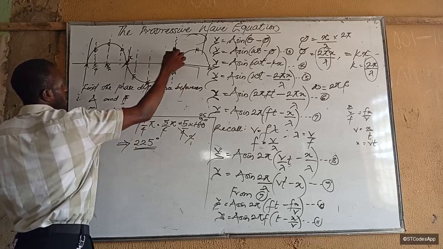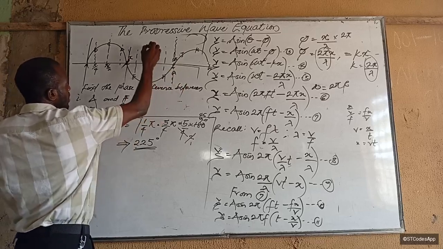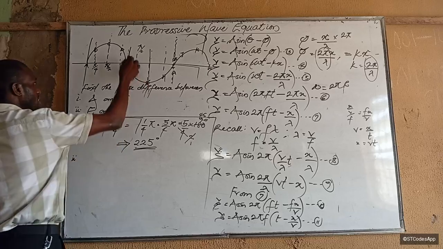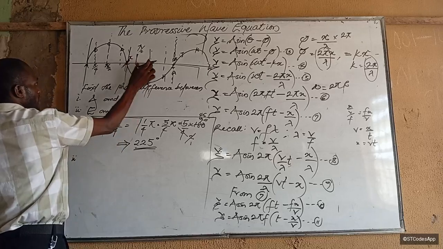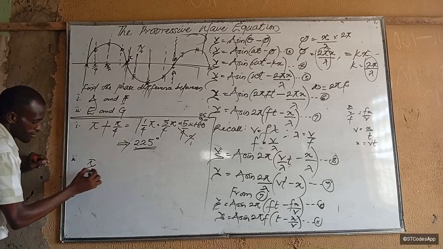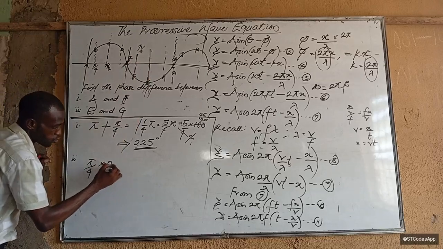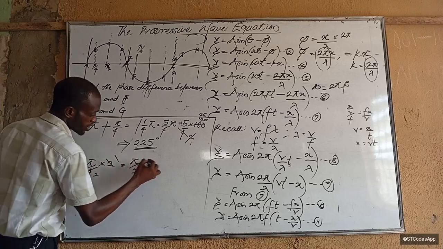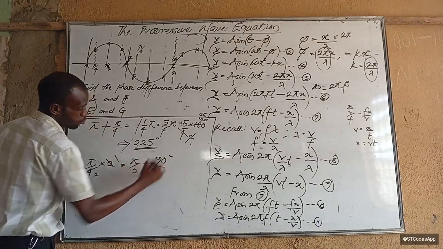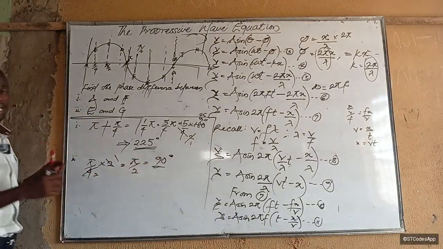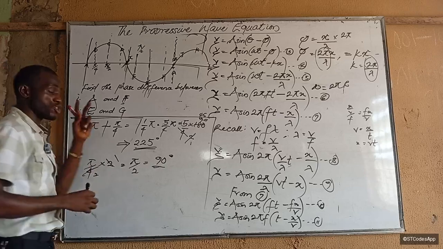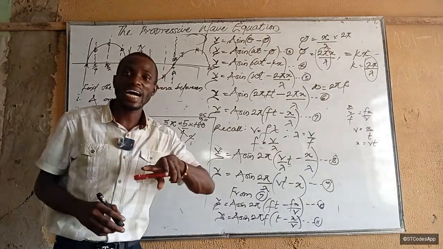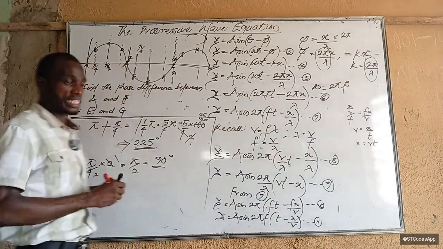If from here to here is pi, half of it is pi over 2. Or just say from here to here is always pi over 4. So you have 2 pi over 4s. Pi over 4 occurs 2 times. Make sense? Here 1, here 2. That is pi over 2, which is 180 over 2, which is 90 degrees. So it means that points E and G lag behind by pi over 2, which is 90 degrees.